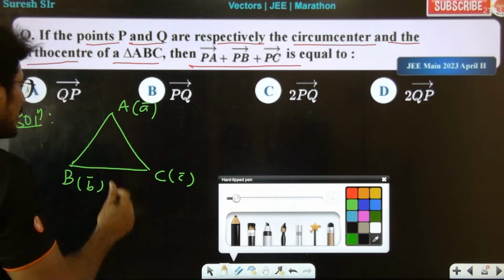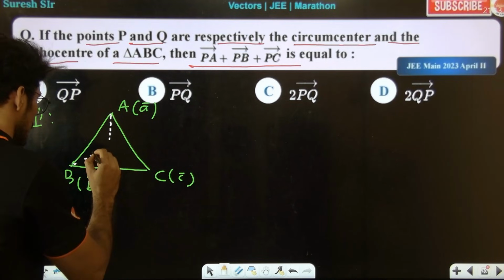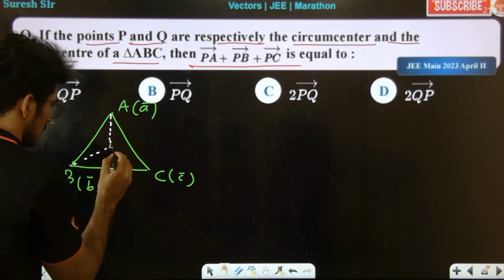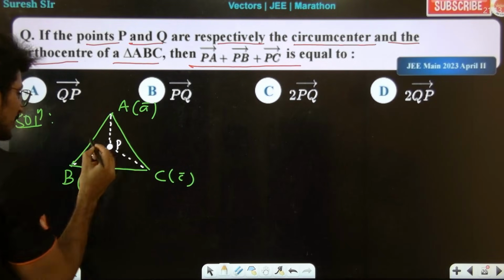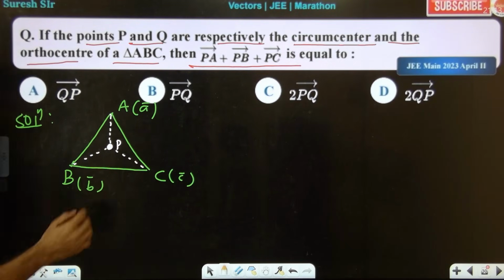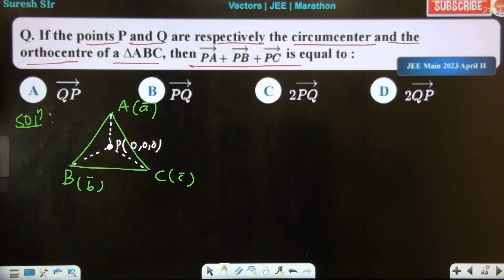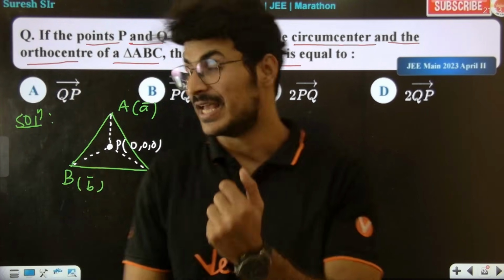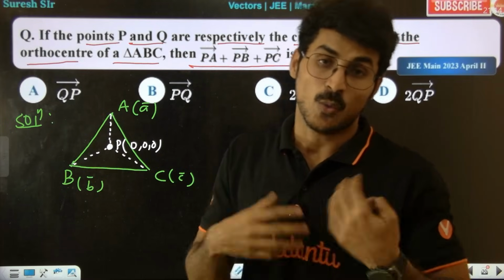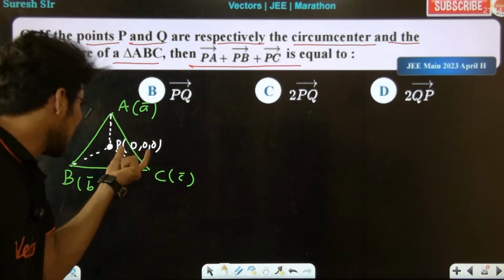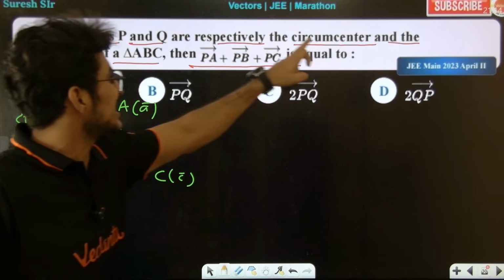Here in geometry you might have studied. Let me take this as point P, and I am taking P point as origin. If I take P point as origin, what is P here? P represents the circumcenter.